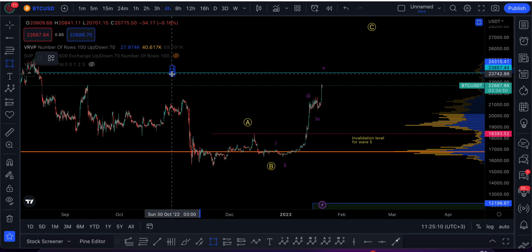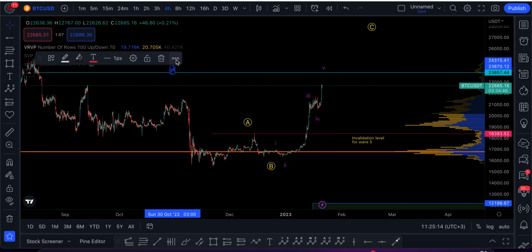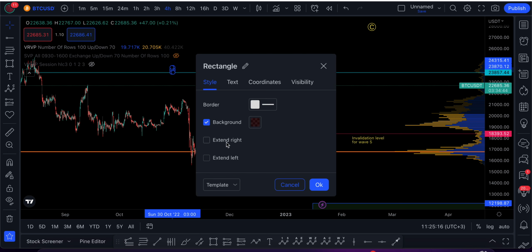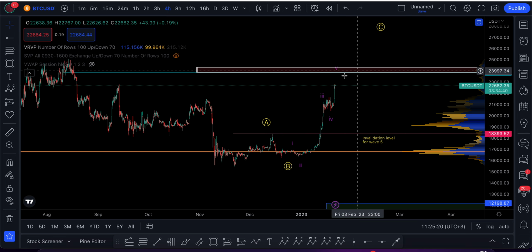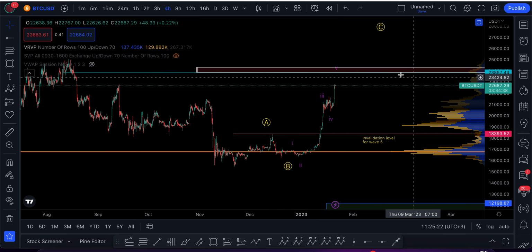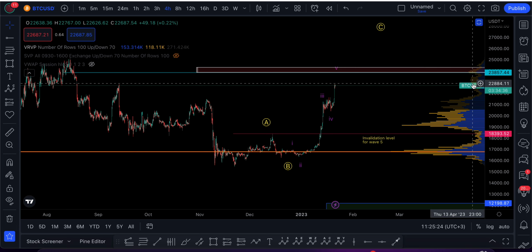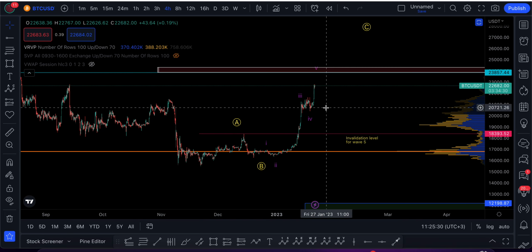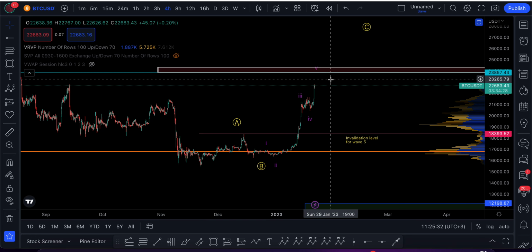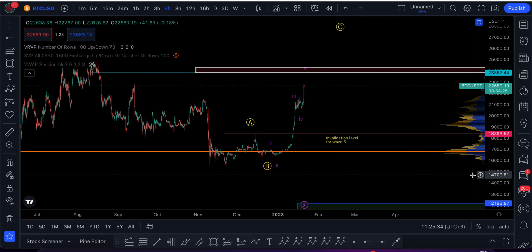It's something like this, and I'll extend it right. This is where price is likely to start retracing from, or we'll get a reaction around that area. It can also act as a target for this particular move that we have right now. Okay, so let's move on.